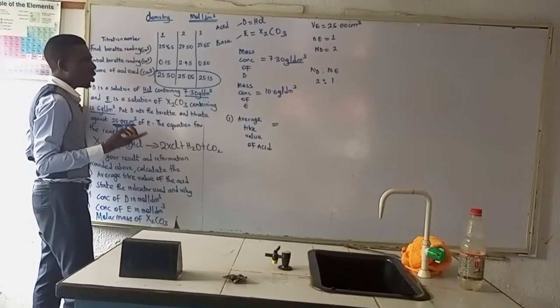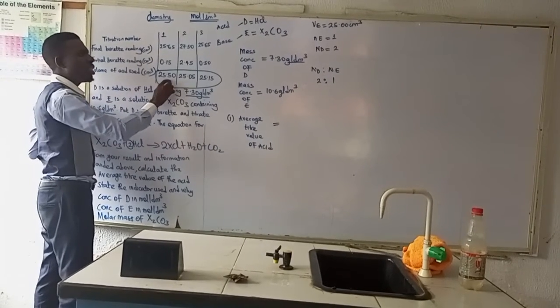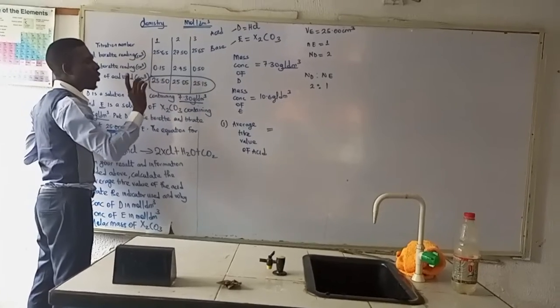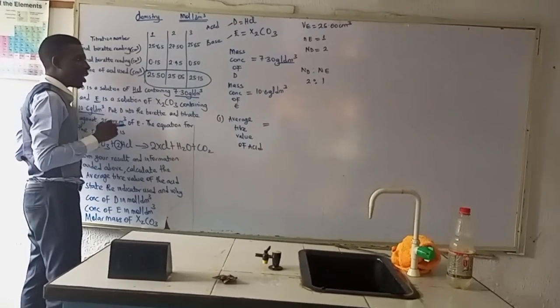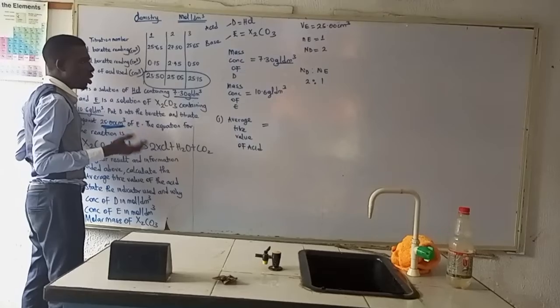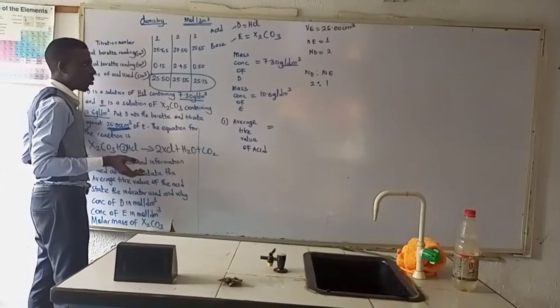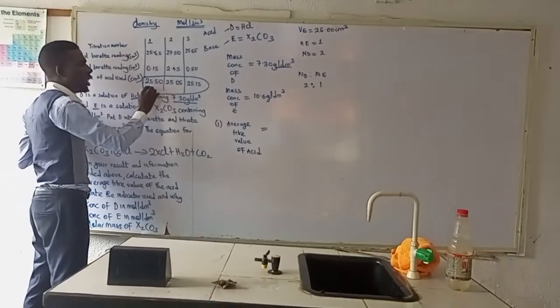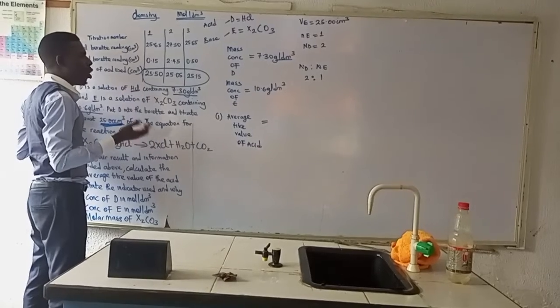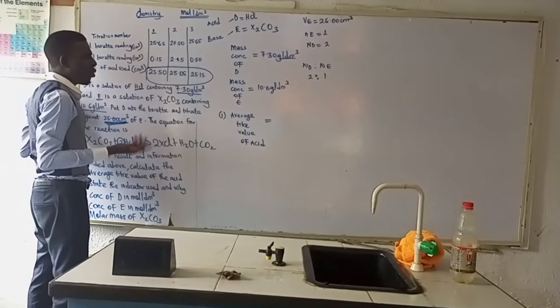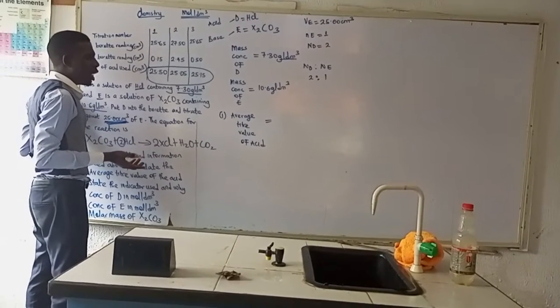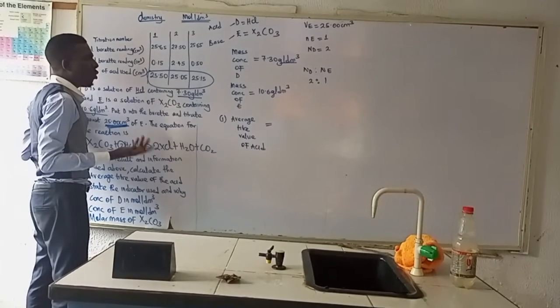When is a value said to be consistent? A value is said to be consistent when the difference between them is less than or equal to 0.20. When we look at these two readings, 25.50 minus 25.05, the difference between them is 0.45.